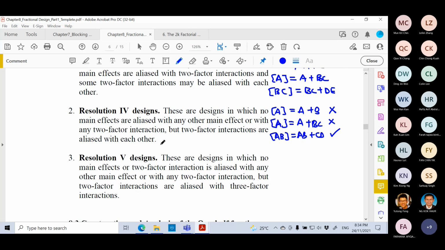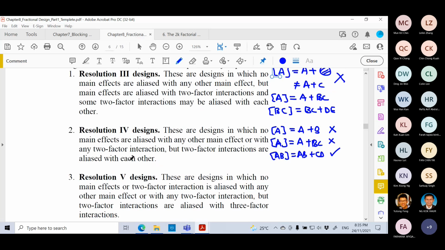Finally, the last one is resolution 5. In this design, no main effect or 2-factor interaction is aliased with any main effect or any 2-factor interaction, but the 2-factor interactions are aliased with the 3-factor interactions. It means the main effect is never aliased with any main effect or 2-factor interaction, and the 2-factor interaction is also never aliased with another 2-factor interaction. But the 2-factor interaction can be aliased with the 3-factor interaction.